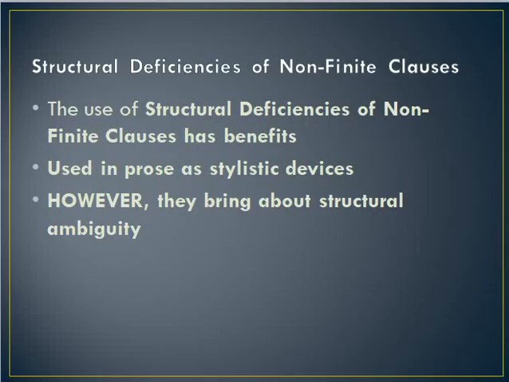So the use of structural deficiencies of non-finite clauses has benefits, though it has the demerits of structural ambiguities, yielding ambiguous sentences, but at the same time it has its own benefits. What kind of benefits? As we have said, it is used in prose, in poetry, in drama, and literature in general, as stylistic devices.